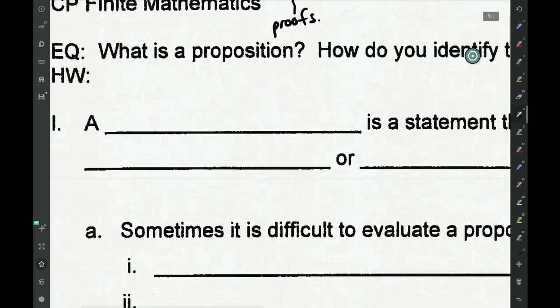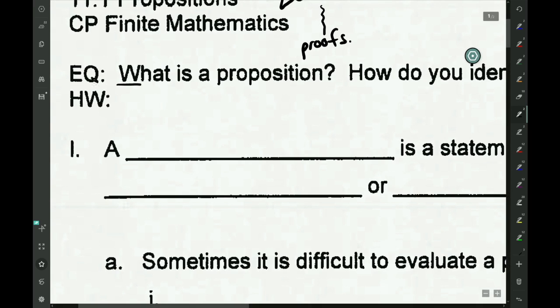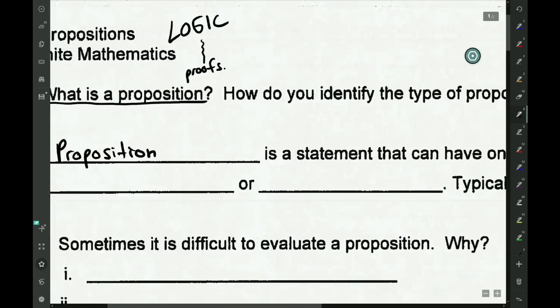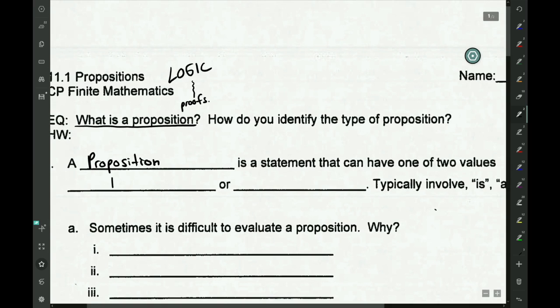First thing we need to do is state what one of the basic building blocks of logic is, and that is a proposition. A proposition is a statement that can have one of the two values, true or false.